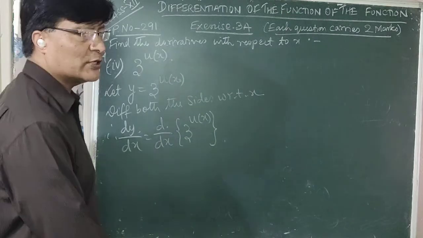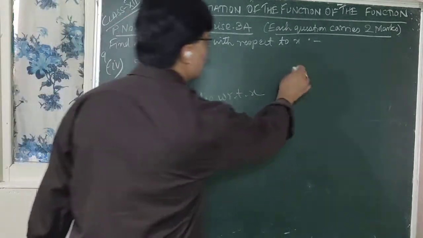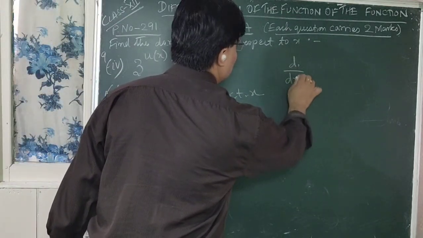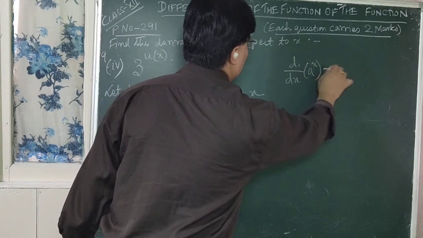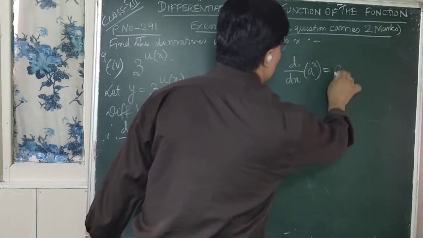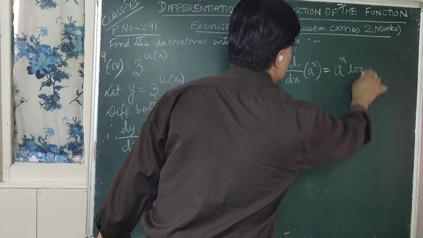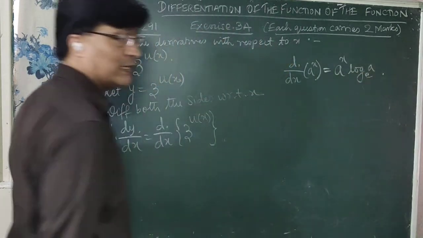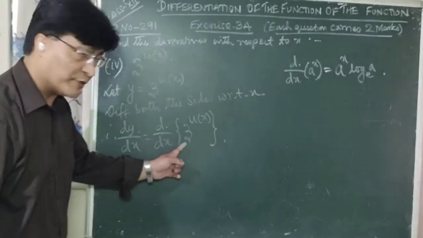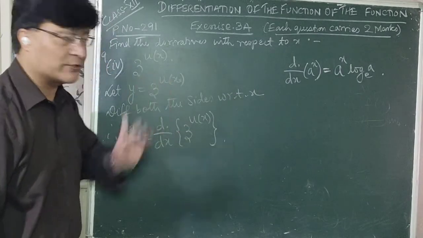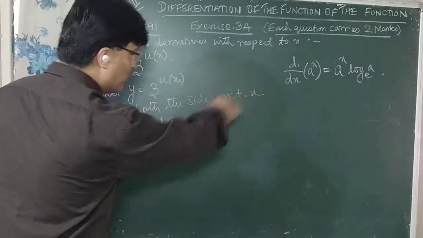So what is the differentiation of a to the power x with respect to x? d by dx of a to the power x is equal to, what is the formula? It is a to the power x into log a base e, right? So instead of a there is 3, and instead of x there is u of x, right? So we can use that formula here.